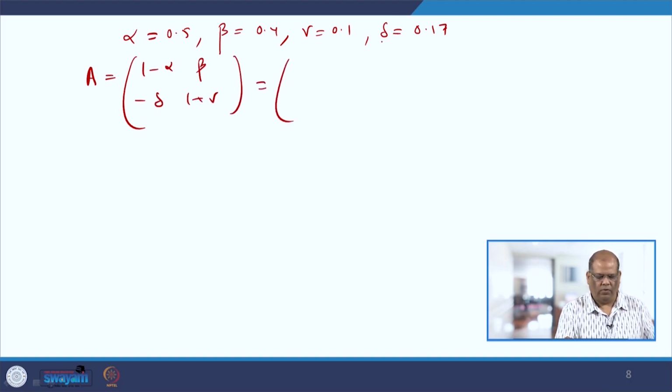You substitute these values and you get 0.5, 0.4, minus 0.17 and 1.1.